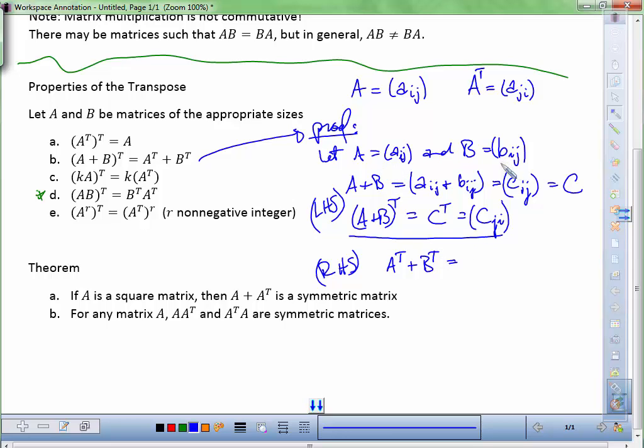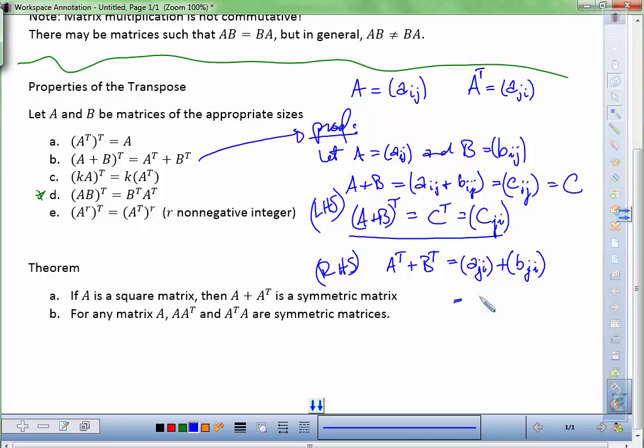So if A and B are equal to A sub ij and B sub ij, then A transpose would be A sub ji plus B sub ji being added together, right?